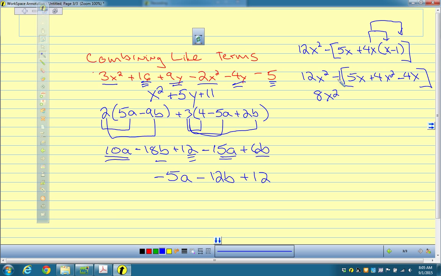Then you have negative 5x minus negative 4x. So if I distribute this through, I get negative 5x minus negative 4x. What's a minus? Positive. Okay, so I have plus 4x, and then I combine those two, so I have 8x squared minus x would be your final answer.